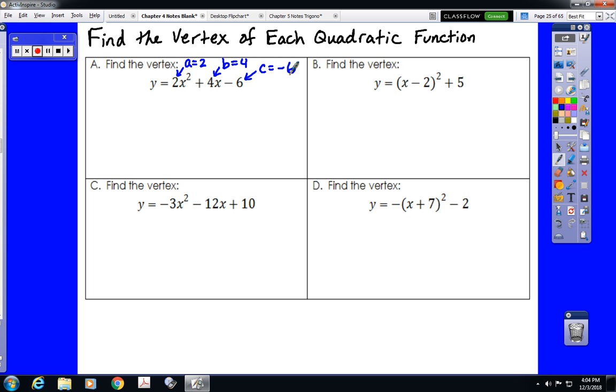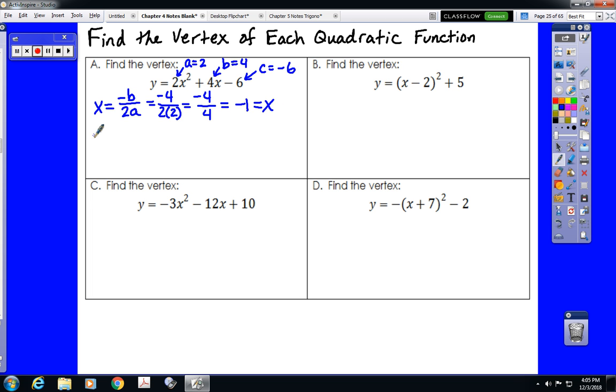Now the reason we're not going to need it is because we need to start by finding the x-coordinate. And the x-coordinate is the axis of symmetry. So we're going to find the value negative b over 2 times a. In this problem, that would be negative 4 divided by 2 times 2, which would be negative 4 divided by positive 4, or an x value of negative 1.